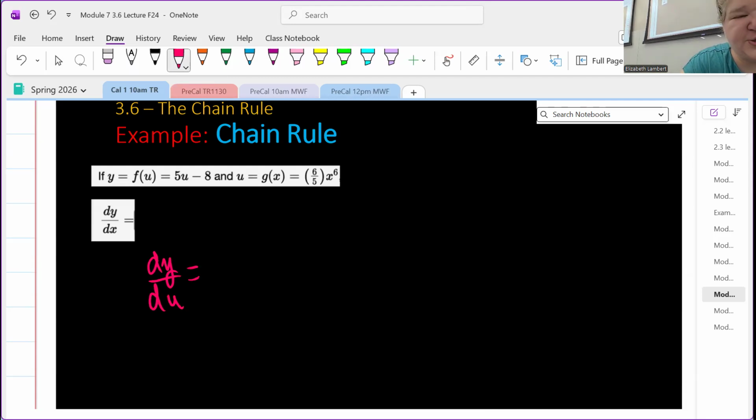So we look at our derivative of 5u minus 8. The derivative of 5 times thing to the first would be 5 times 1 u to the 0. And then minus 8, the derivative of a constant, is 0. So our dy du is 5.